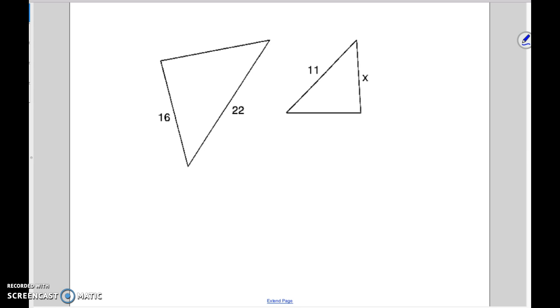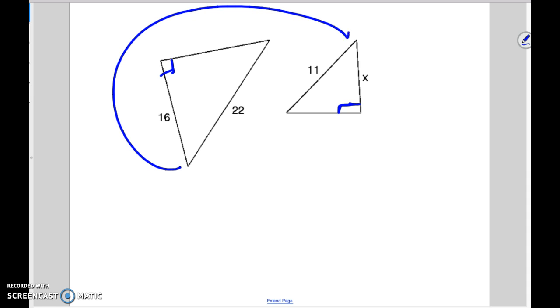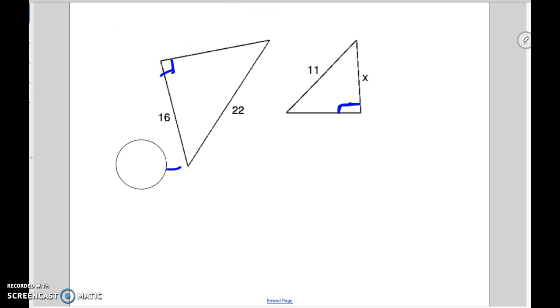All right, so if you look, the angle right here corresponds with this angle right here, which means that I would have to flip this around to get to the same place. So that means that x is actually going to correspond to 16. And you notice the 22 is on a slant, but so is the 11.